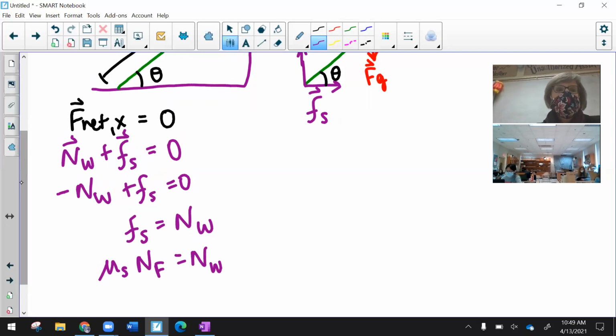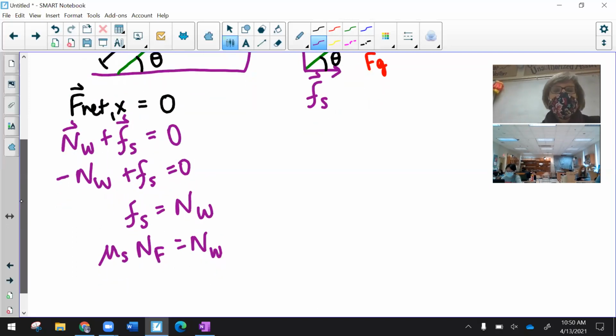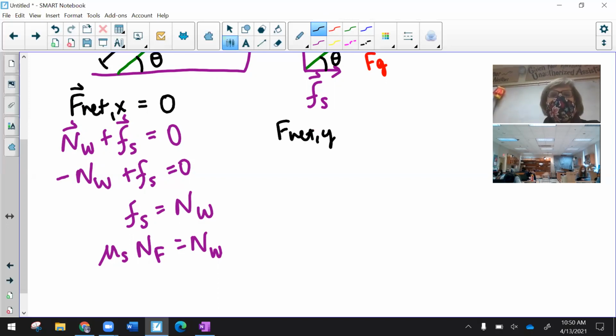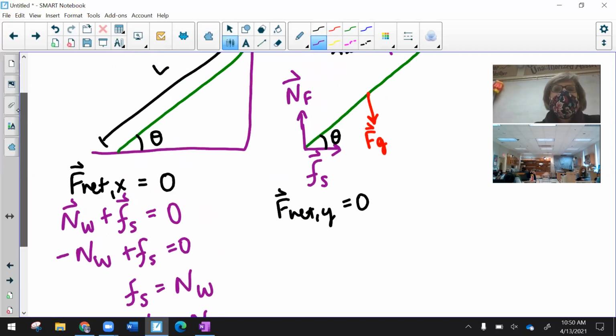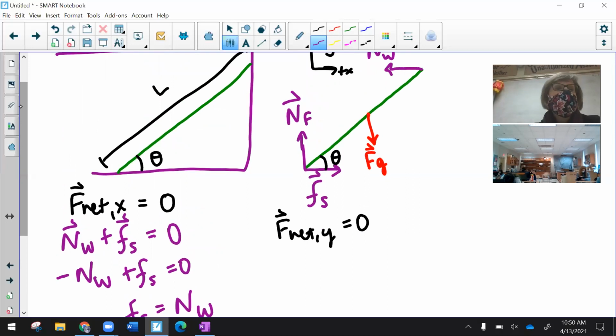All right. So this is lovely, except that I still have a whole bunch of stuff that I don't know and I still don't have data. So next step. What should I do next? F net Y. Okay, let's try F net Y. So F net Y is equal to 0. I'm going to write down all my forces in the Y direction.